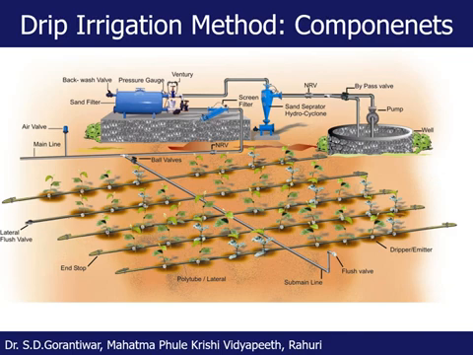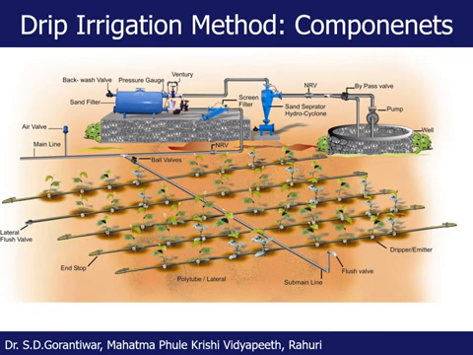There could be cases where there are a number of subunits, say 10, and it is possible that 2 subunits are irrigated together, so 2 ball valves will be open and 8 closed. After these 2 subunits are irrigated, these 2 ball valves will be closed and the other 2 will be opened. So there will be a sequence of irrigation, but basically the purpose of the ball valve is to allow the flow of water into the subunit.